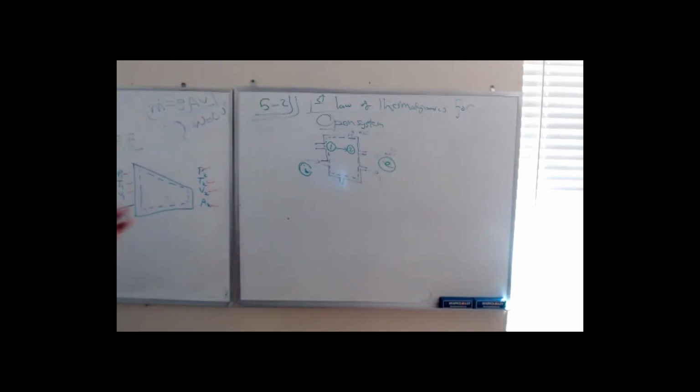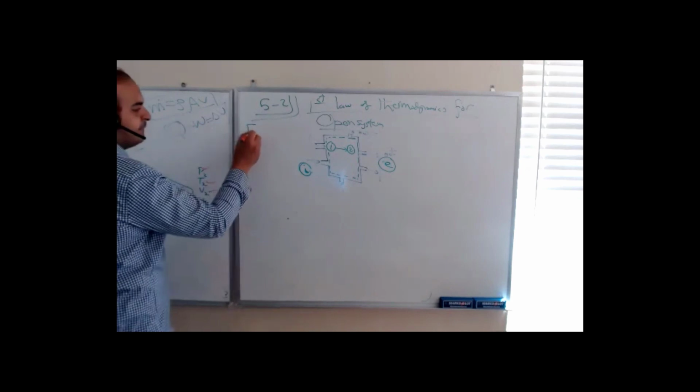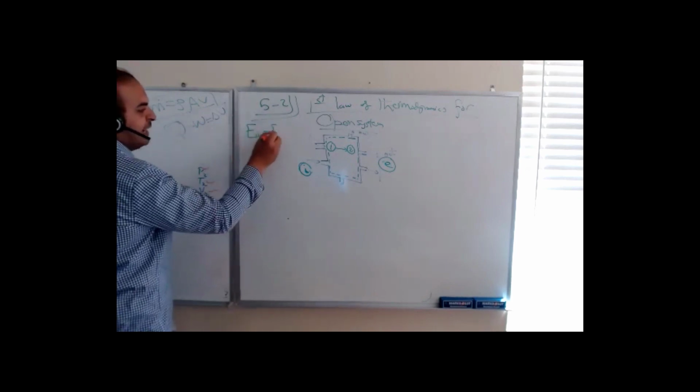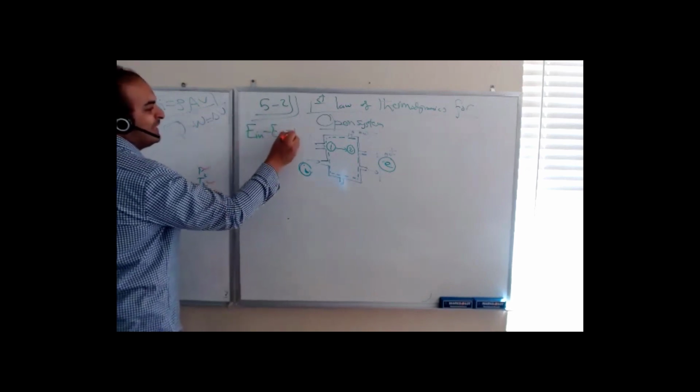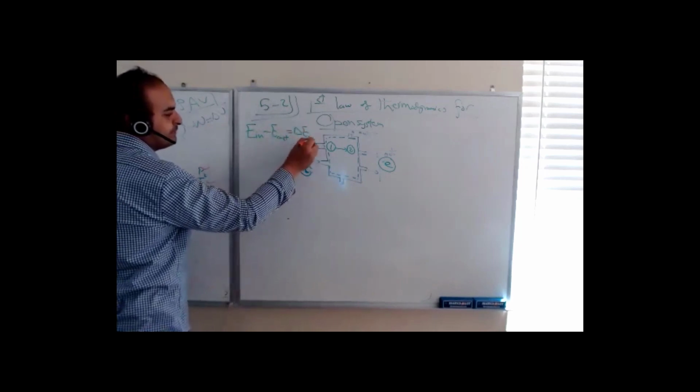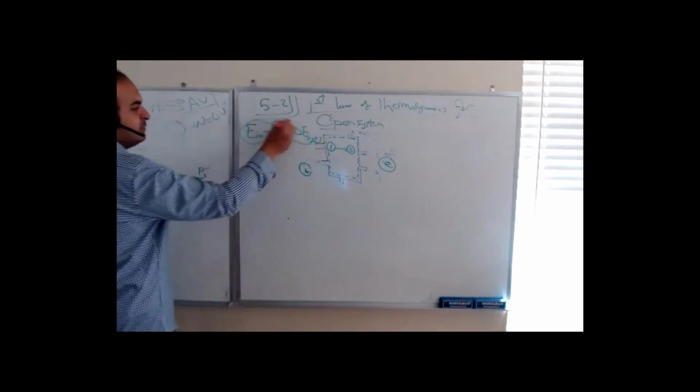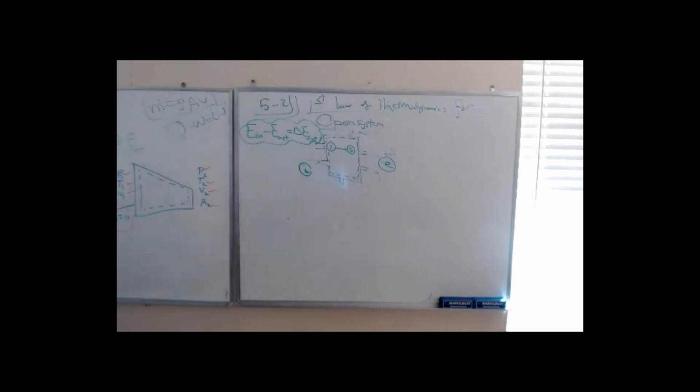We have the same law: energy in minus energy out equals delta energy in the system. The same law. You remember this, guys? E in minus E out equals delta E system, which is E2 minus E1.